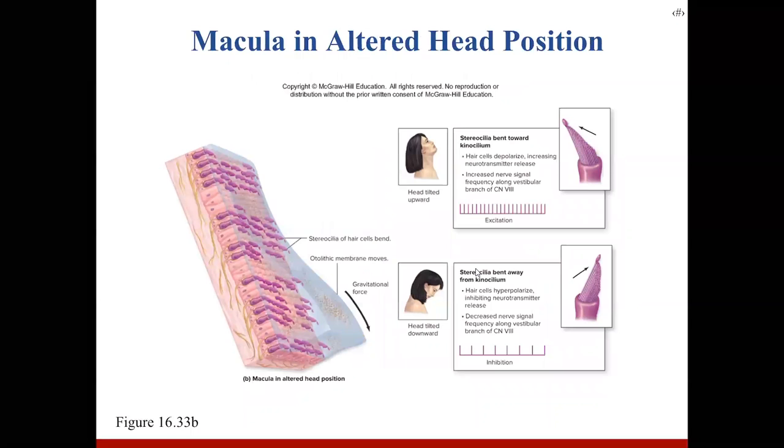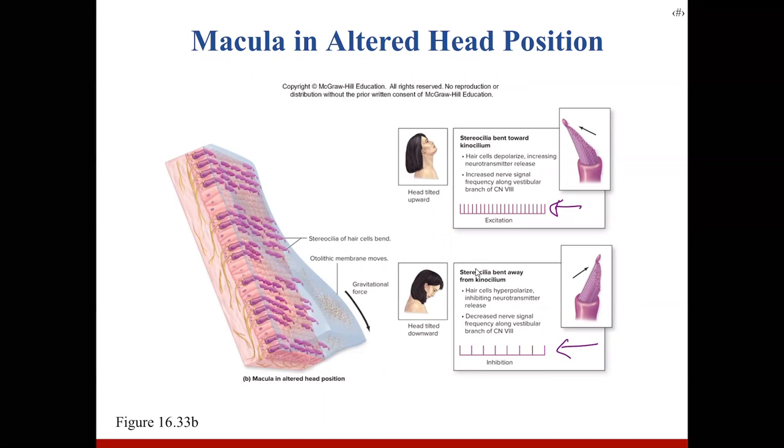Now when you bend, if you are tilting your head up, the stereocilia are going to bend backwards, and you're going to get more pinging. But if you go the other way and tilt your head downward, the signal slows down.